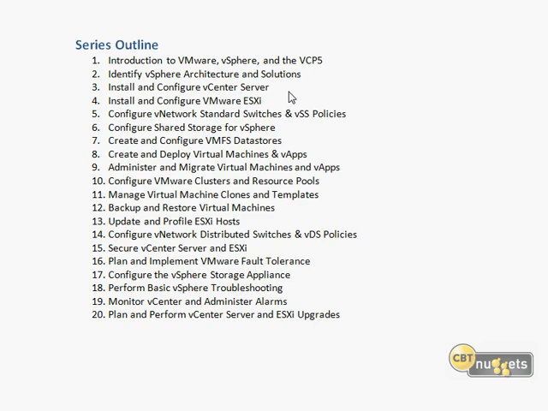Simple enough. Now, vCenter Server is essentially the management tool. It's the management platform that enables you to interact with your hypervisors, your ESXi hosts, and then also all the VMs that you're running. You can connect vCenter Server directly into a single ESXi box, or you can connect it to a set of them, which is the preferred configuration, so you can operate all of them as a unified infrastructure.